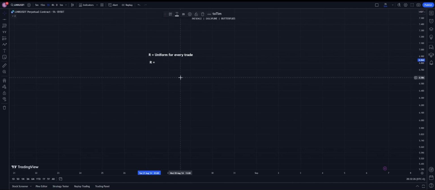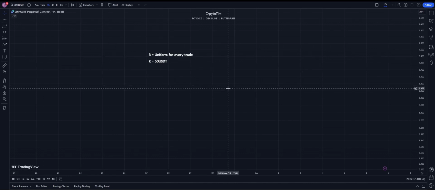So R is 50 USDT. It doesn't matter if I'm trading on Link chart or on Bitcoin, Ethereum, and so on. Every single time my stop loss gets hit, I'm losing 50 USDT.